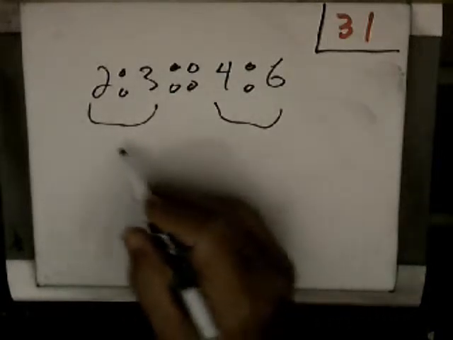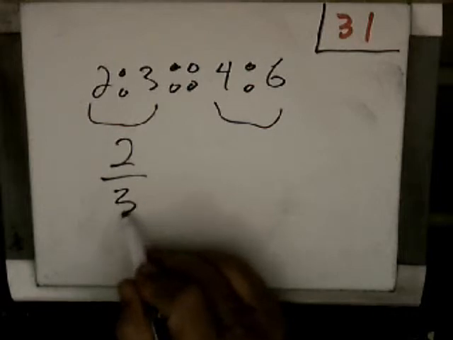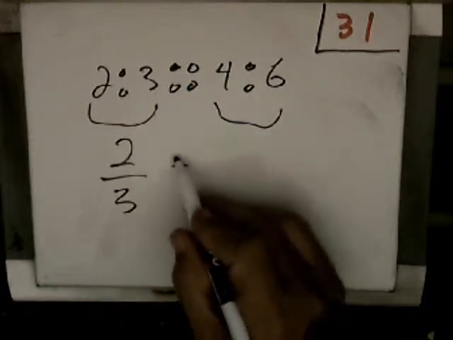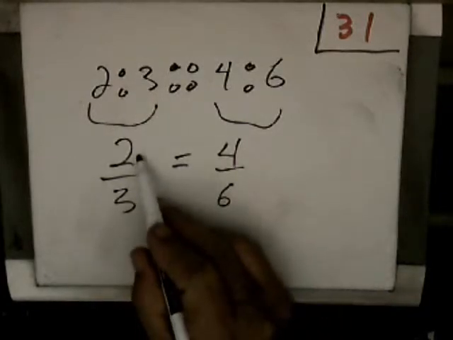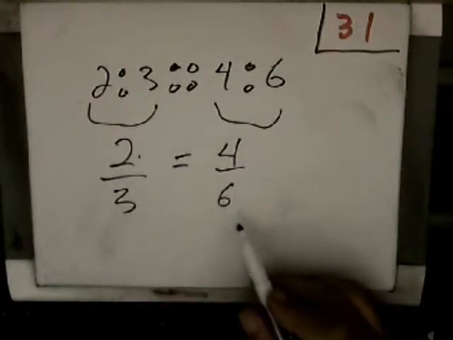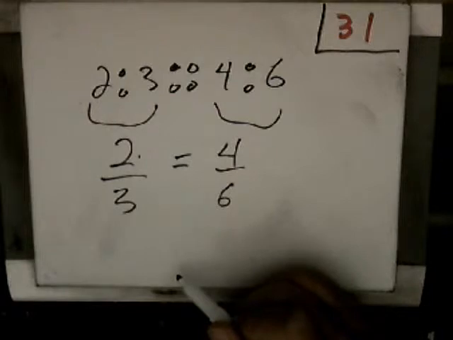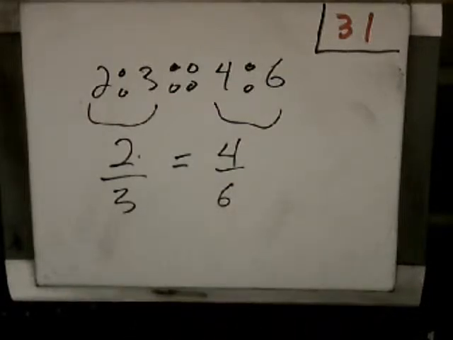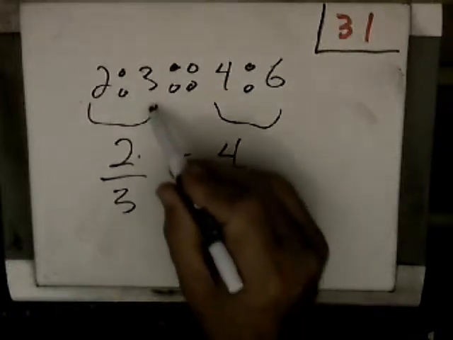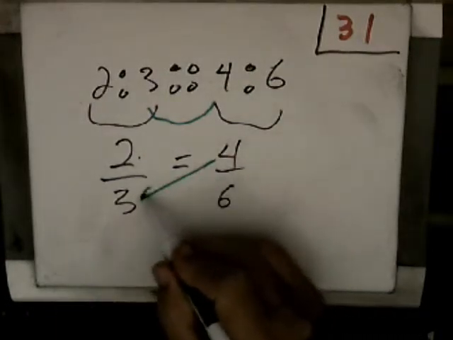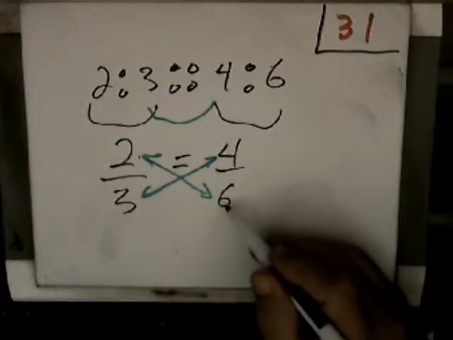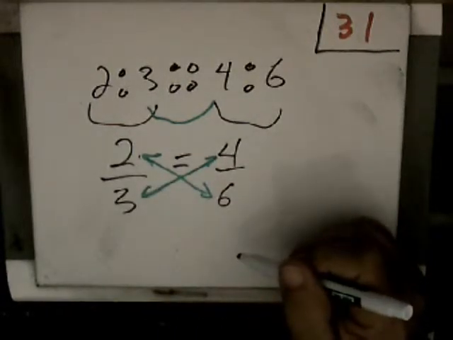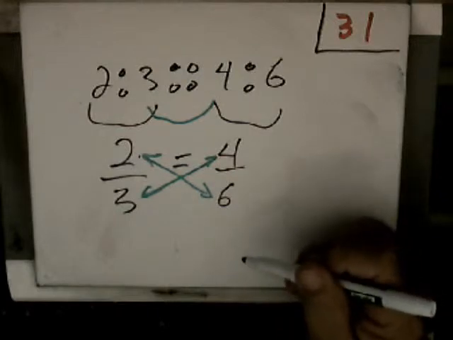So can I say 2 is to 3 as 4 is to 6? It would seem so. If I double this, I get 4. If I double this, I get 6. So they are, in fact, equivalent. How does that relate to my means and my extremes? Notice 3 and 4 were my means, and there's my extremes. If I cross multiply, I will, in fact, get the same number.